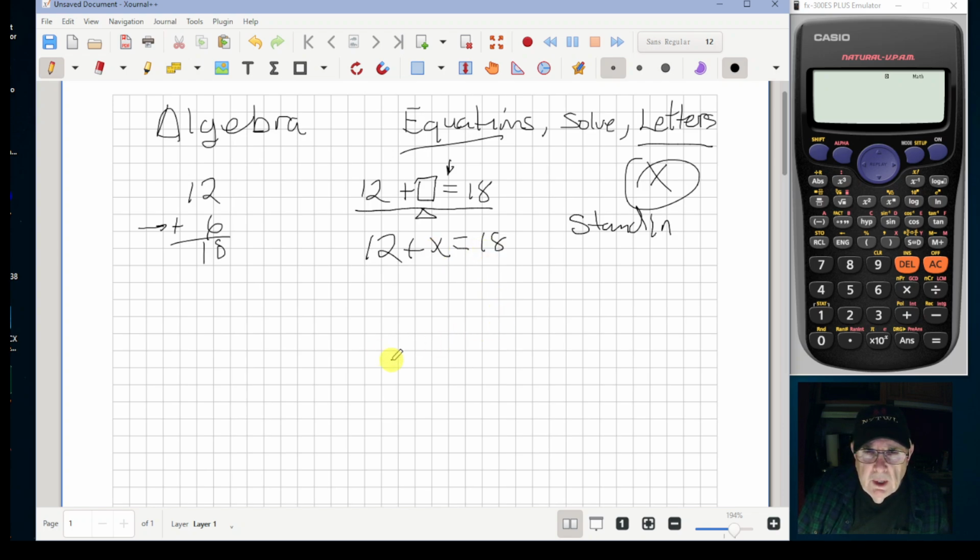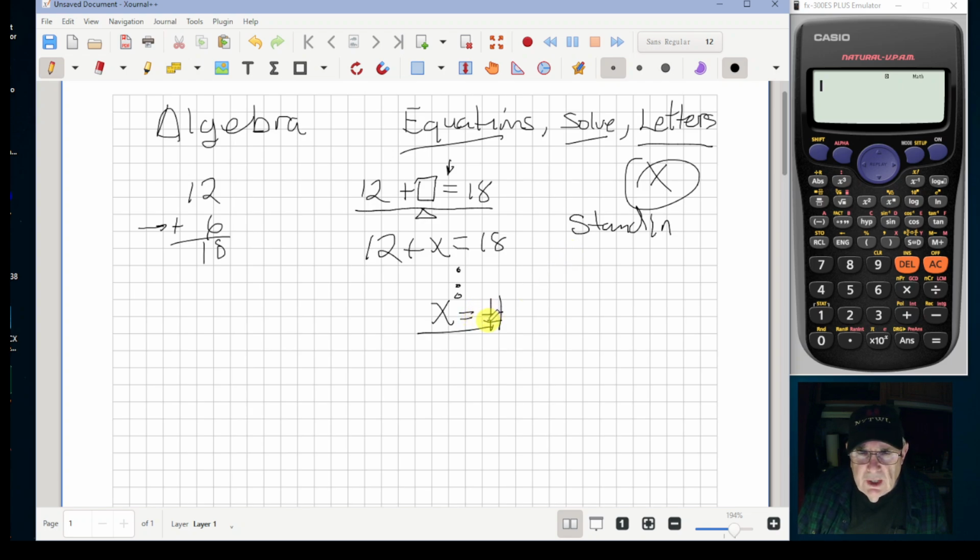And what we are going to do is apply either adding, subtracting, multiplying, and dividing, or possibly numbers or whatever, till we get down to a point in the steps where we get X equals, and there's some value here. When we get to this step right here, we have solved the equation.